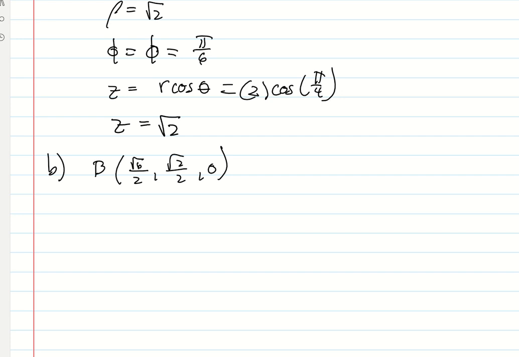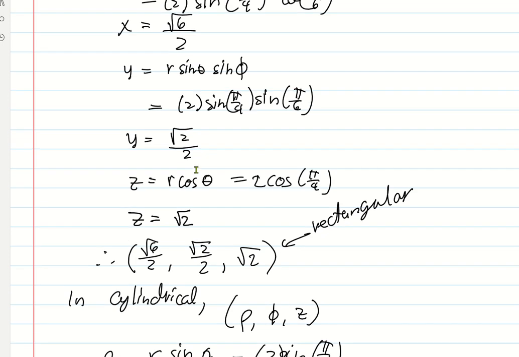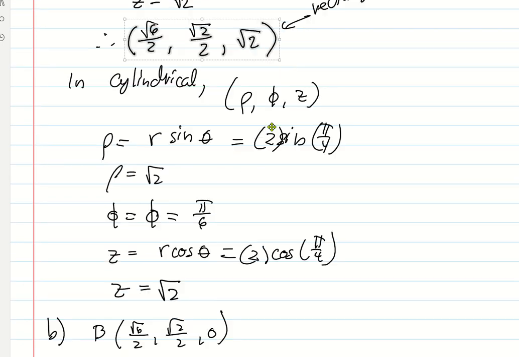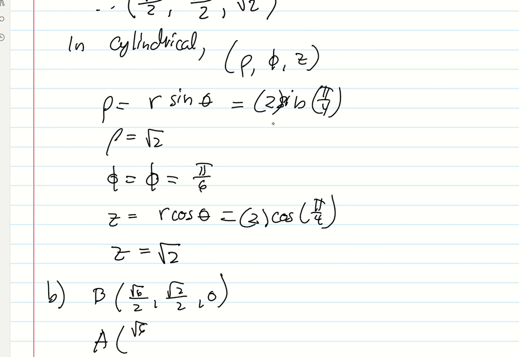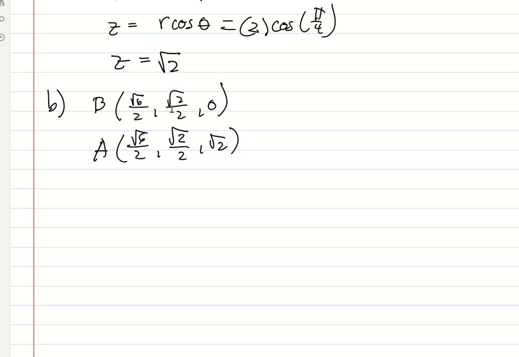So we can use the rectangular version of the point A instead of the given spherical. We already solved the equivalent: square root of 6 over 2, square root of 2 over 2, then we have square root of 2. So this is point A, and this is point B.